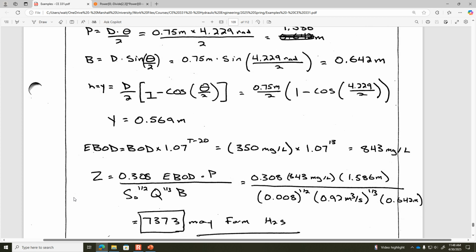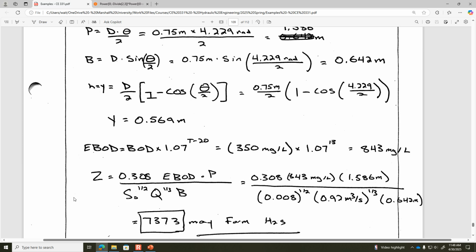Now we put all of that into the hydrogen sulfide potential formula and calculate Z. This suggests that we're in that middle zone. 7373 is the hydrogen sulfide potential, and between 5,000 and 10,000 it may form.